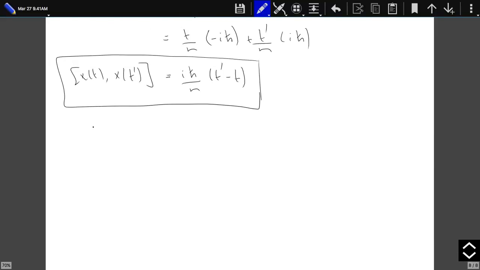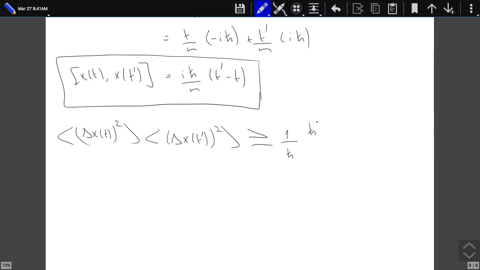Now let's see. What about the expectation value of delta x(t) squared multiplied with delta x(t prime) squared? This is always larger than or equal to 1 over 4 h bar squared (t prime minus t) squared over m squared.